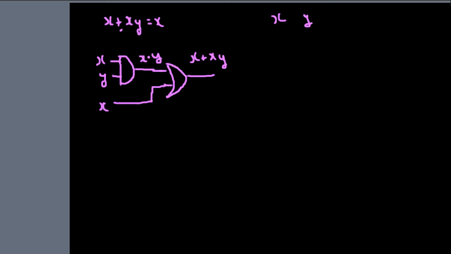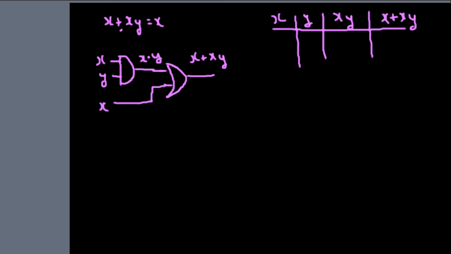We have x, y, we'll find xy, then we'll add x plus xy. Since the possible combinations of two inputs are 4, we have 0 0, 0 1, 1 0, 1 1. Now let's multiply x and y: 0 0 0 1.